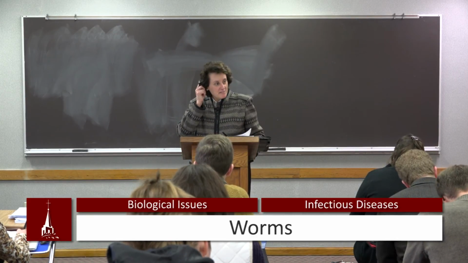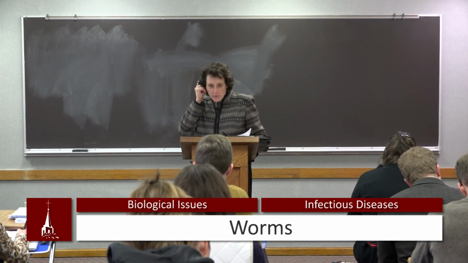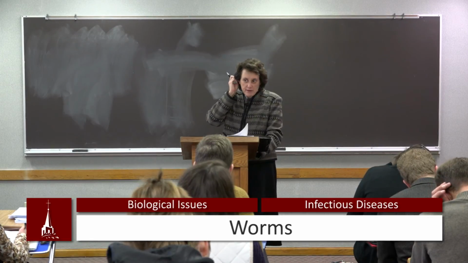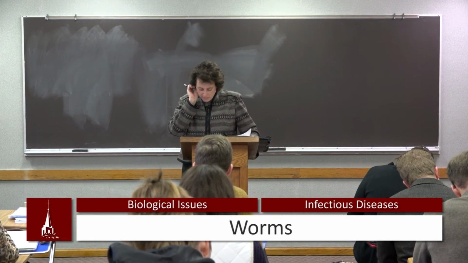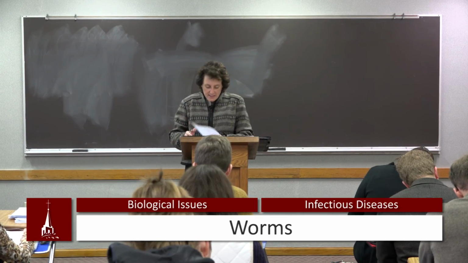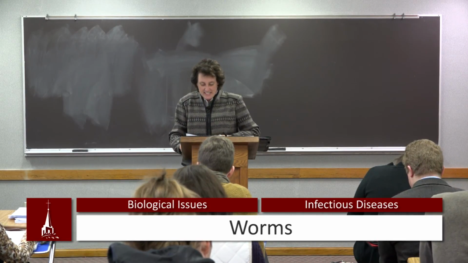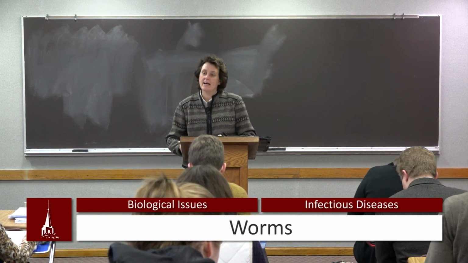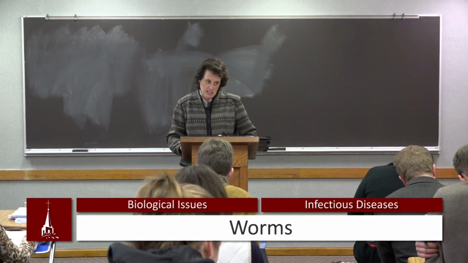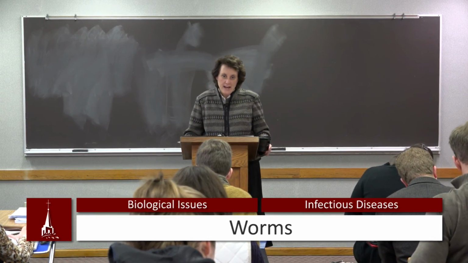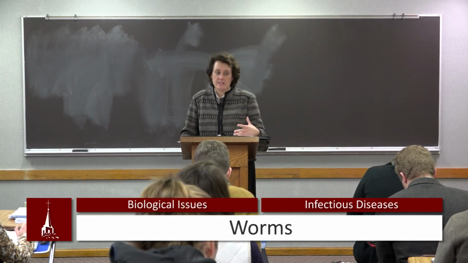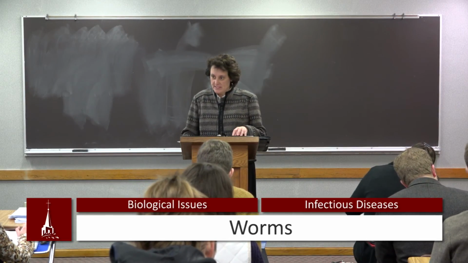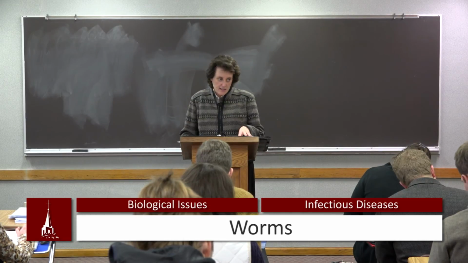They're typically flatworms or roundworms, not so much your segmented worms like your earthworm. They're flatworms and roundworms. And a worm infection is typically referred to as an infestation, because there's a wide variety, and they act more as a classic parasite. Okay, so it's an infestation because it's a parasite.